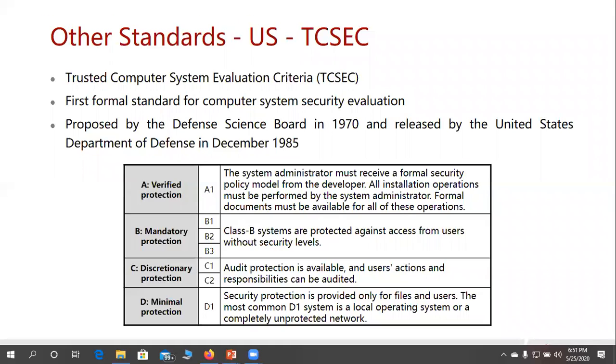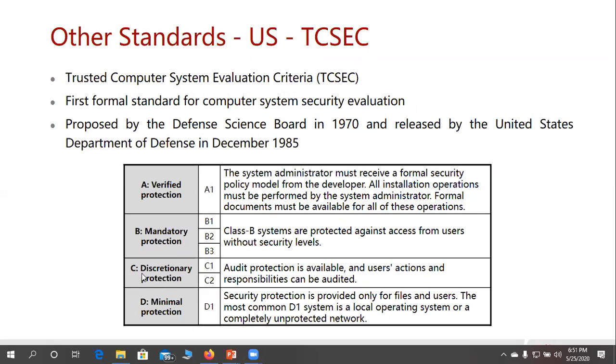For example, in the military, they do classify data. Let's say you have top secret, secret, and so on. Someone who is supposed to view top secret information must have the security clearance for that level. That's how it is with mandatory protection.